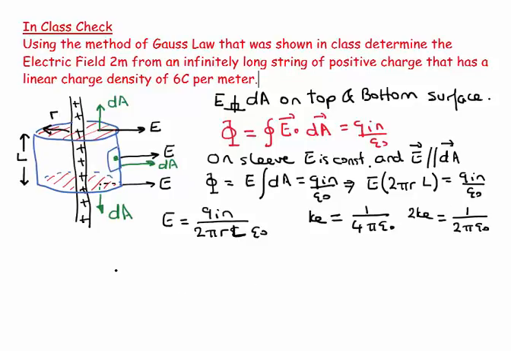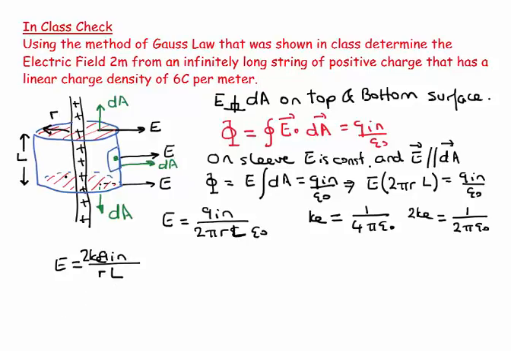So that's where that comes from. So I can say E is equal to Q inside over, rather than the 2 pi epsilon naught, I'm going to put down 2Ke. So that goes away. I've got an R and an L left over, so that's R and L.